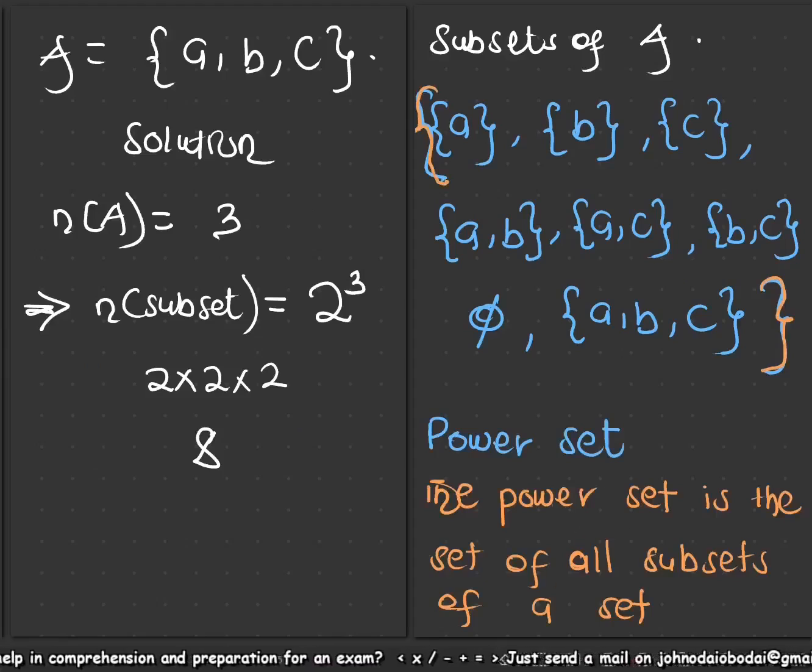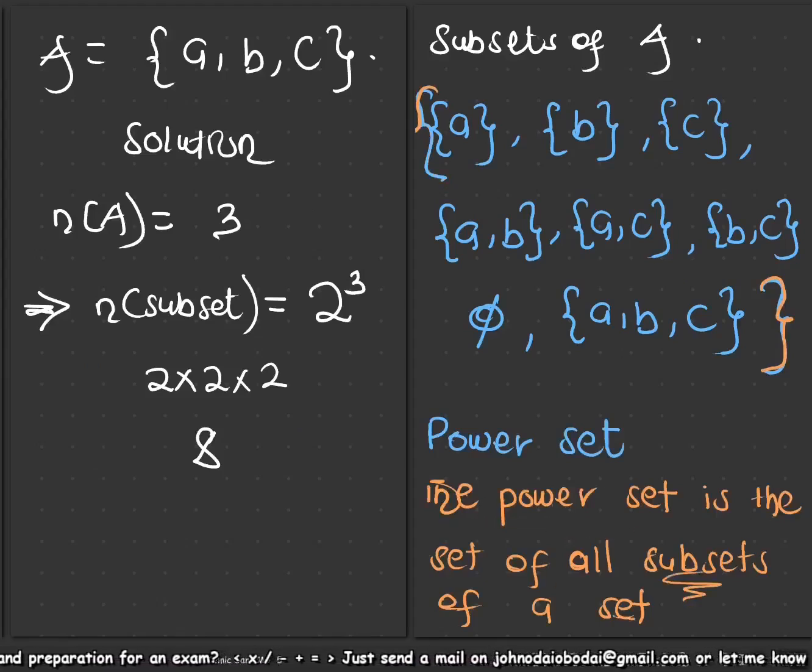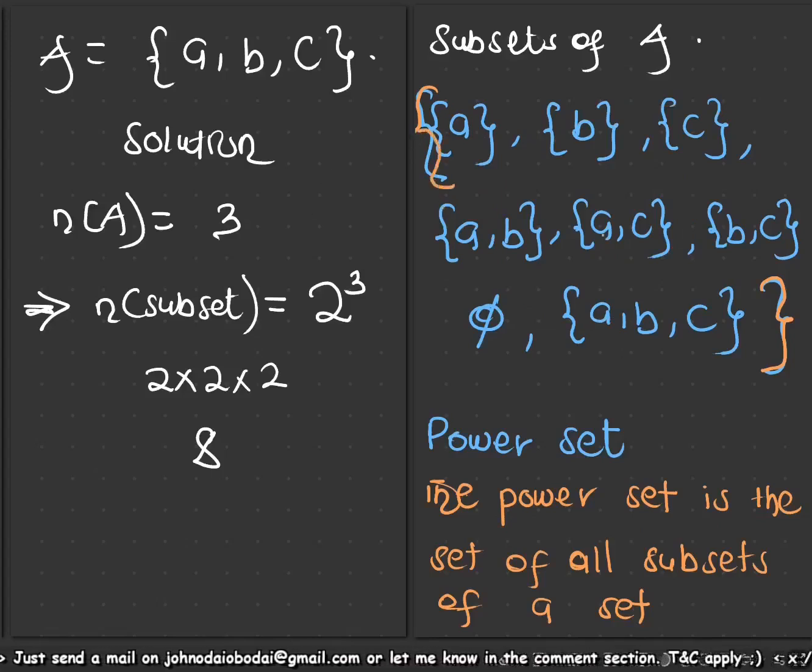So the power set is the set of all the subsets of a given set. As we just wrote this, it was not a power set. But if we put our curly bracket and indicate that it is a set of all of these sets, then we call it a power set. So once again, the power set is a set of all subsets of a set.